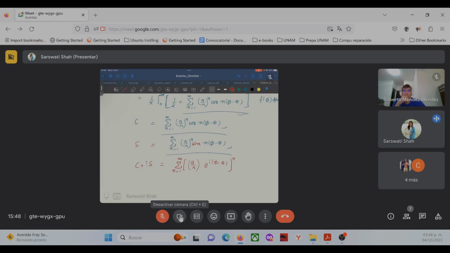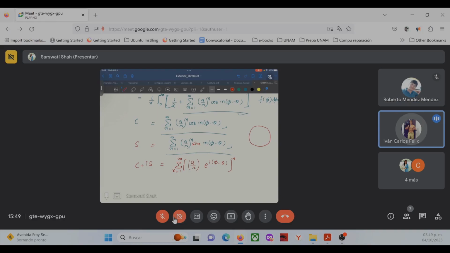But the function is continuous at the boundary. That's why we have the boundary condition, because the boundary is always bounded. Okay. Yeah. But we are working on points that are very close, but in the exterior of the circle, right? Yeah, exactly.